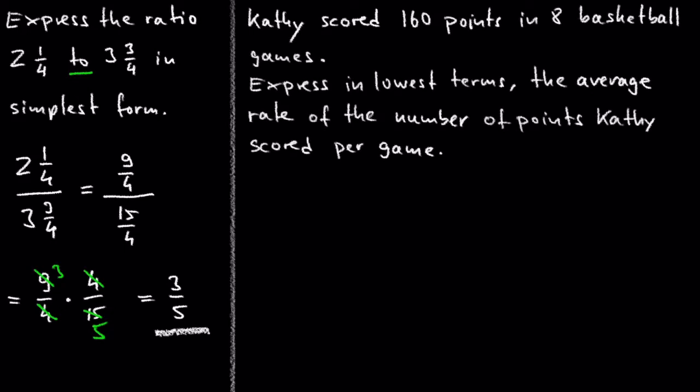Kathy scored 160 points in 8 basketball games. Express in lowest terms the average rate of the number of points Kathy scored per game. The rate is 160 points per 8 games.